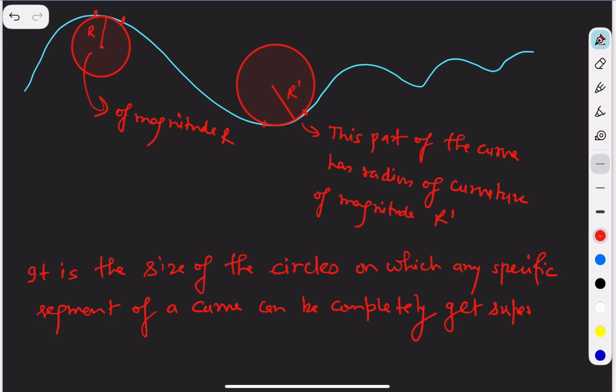That will be known as the radius of curvature.